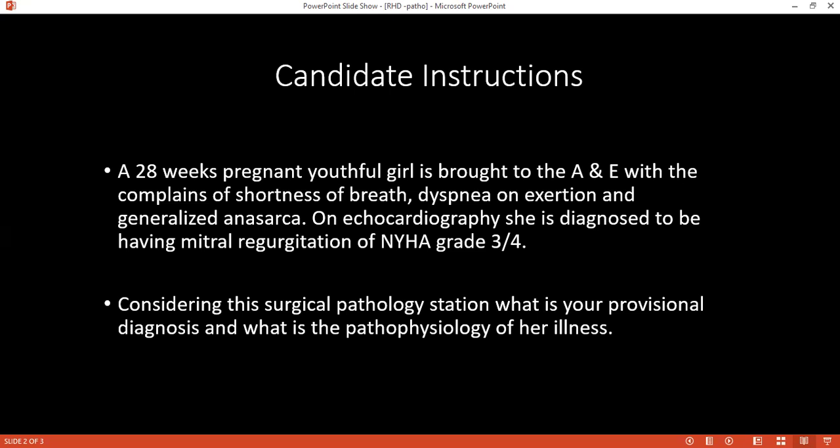What is one simple blood test that can be done to monitor the progression of rheumatic heart disease? Blood culture. Okay. What else do you do for the management? Didn't know.